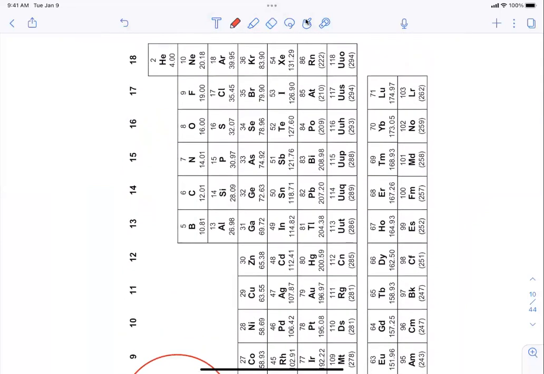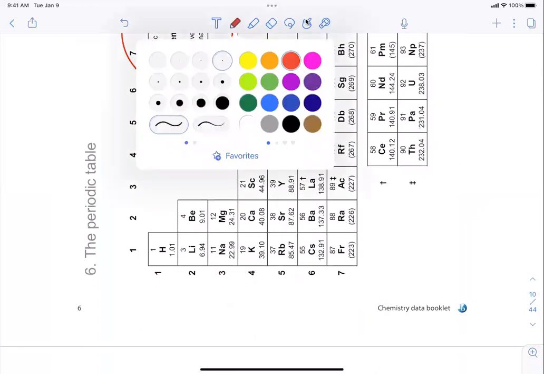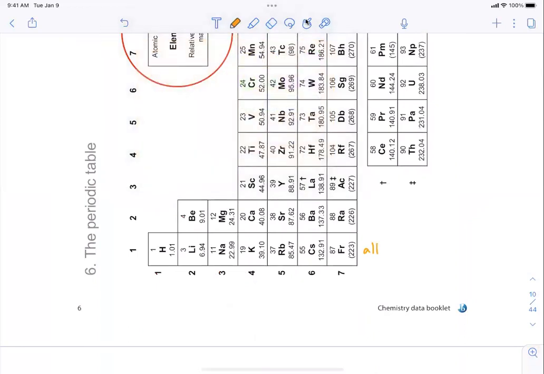Now, within this periodic table, you need to know a few things. One, you need to know some of the major elemental groups. There's like 4 or 5 that you really need to know. The first one, group 1, your alkali metals, your most reactive metals on the whole periodic table.